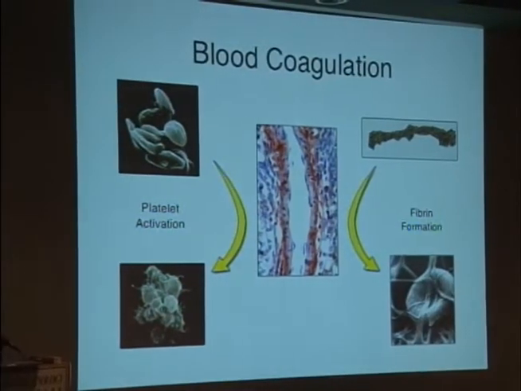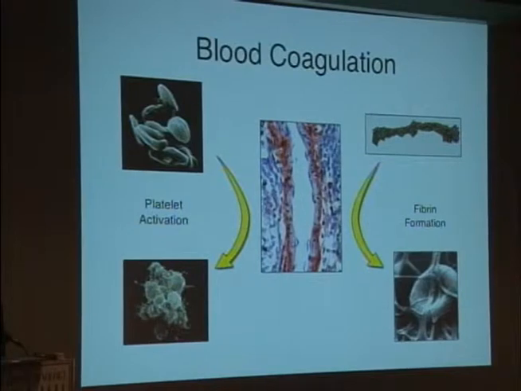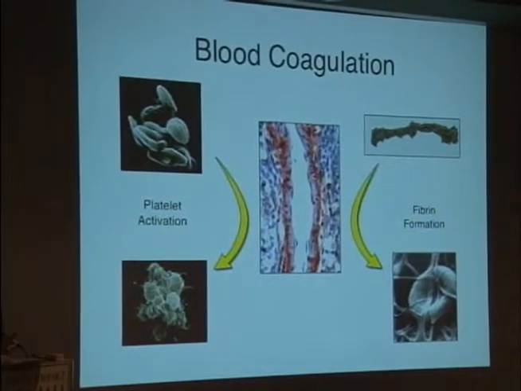So I'm a hematologist by trade, so I'd like to start these discussions with some basic terms just so we're all on the same page. But we're going to be talking primarily about the mechanisms for blood coagulation, which, as you are aware, involves the interaction of platelets and components of the plasma portion of the blood with damaged blood vessels.